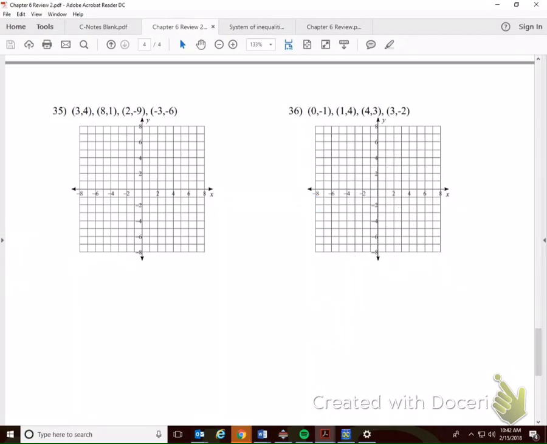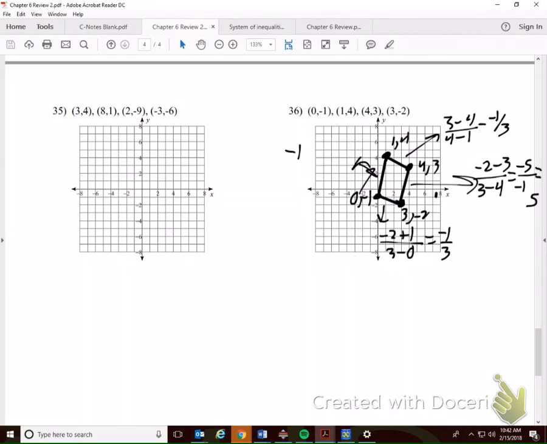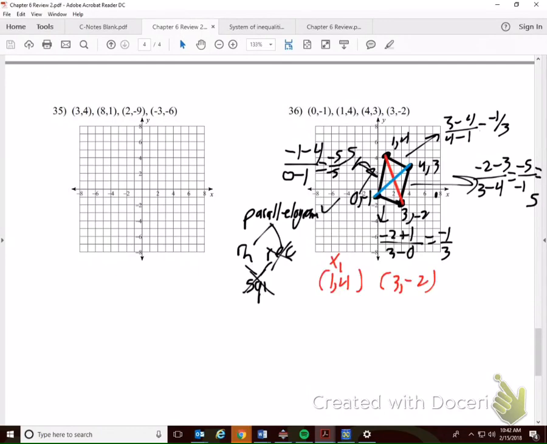Slopes, negative 1/3, 5, negative 1/3, 5. Okay, so we know it's a parallelogram because the opposite sides have the same slope. That means they're parallel. We know that they are not perpendicular, so it's not a rectangle.